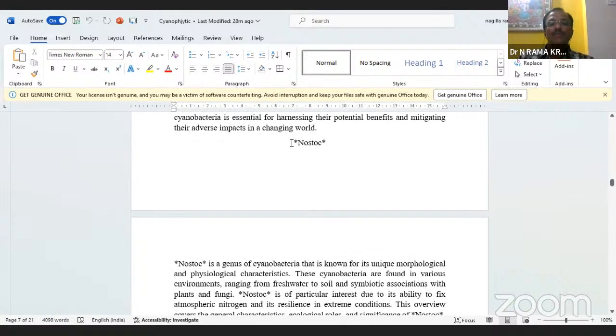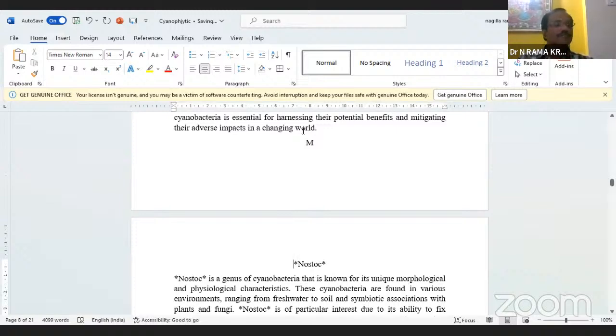Now here you see this one. Is it clear now, the general characters of cyanophytic algae?